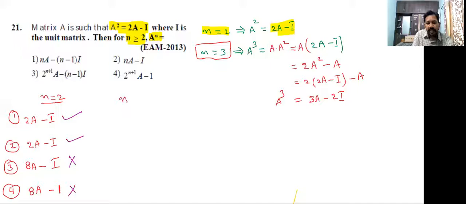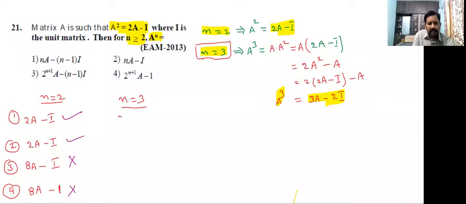Okay. Next, take n is equal to 3. If n is equal to 3, what is the answer, students? This is the answer: 3A minus 2I. Now verify only the first and second options, not the third and fourth, because the third and fourth are already wrong. So I'm going to verify the first option.